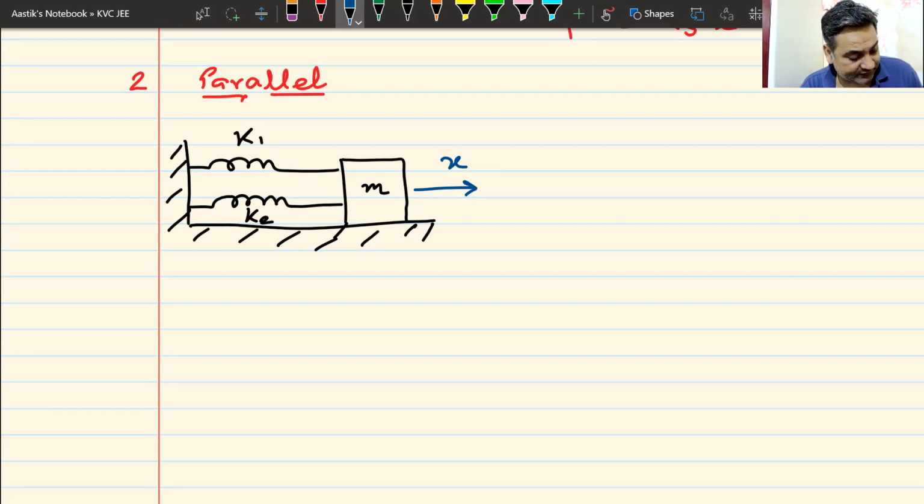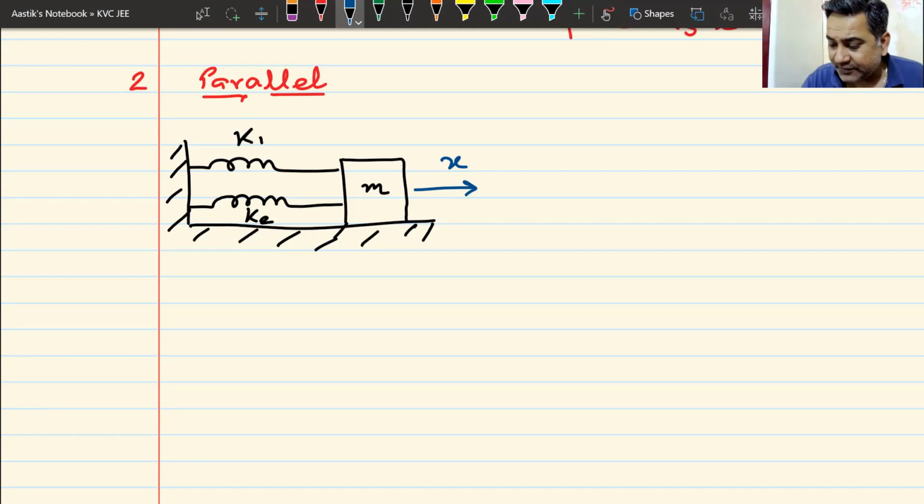It does not require physics, it requires more common sense than physics. If I move the block by X, what will be the extension in both the springs? Can I have some answers? X, sir. Yes, beta, X.